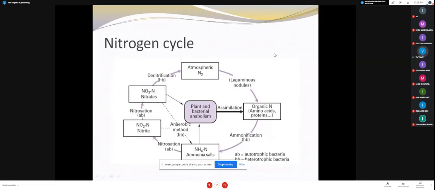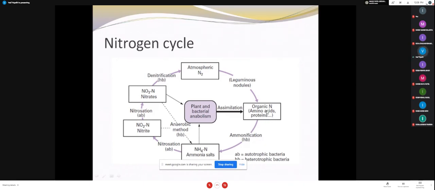Okay, so this is a simplified form of what we discussed right now. So atmospheric nitrogen is converted by the bacteria in the leguminous nodules into organic nitrogen, which forms the amino acids and the proteins.